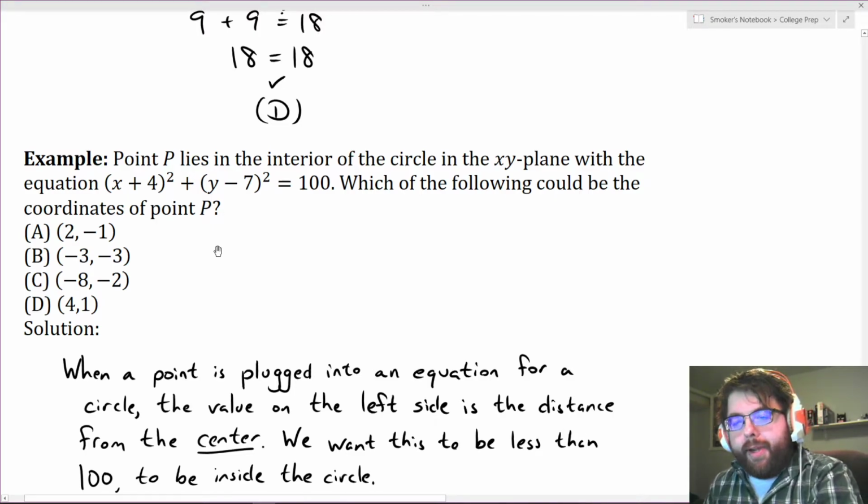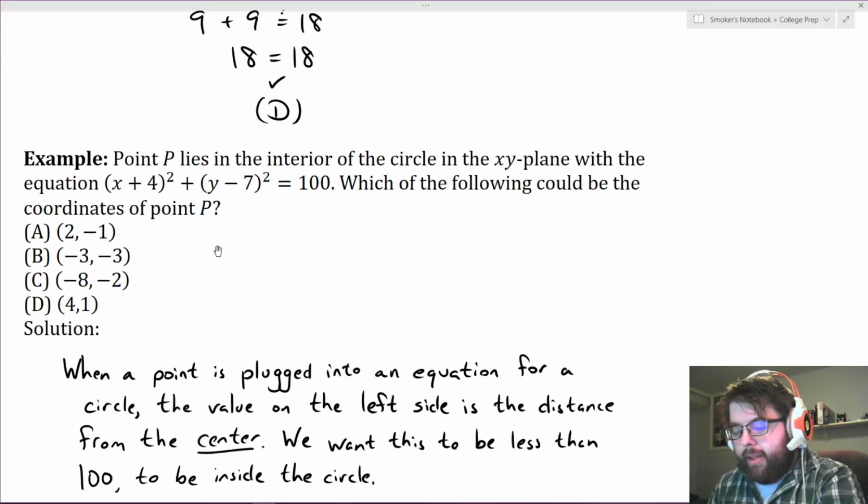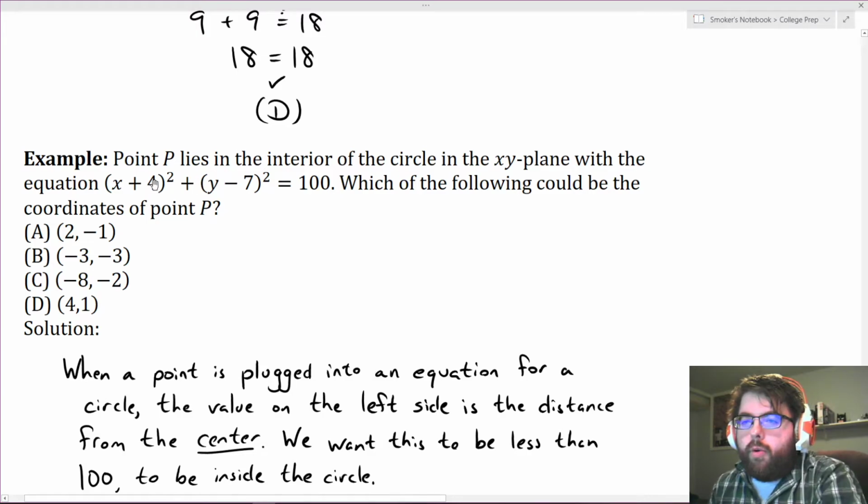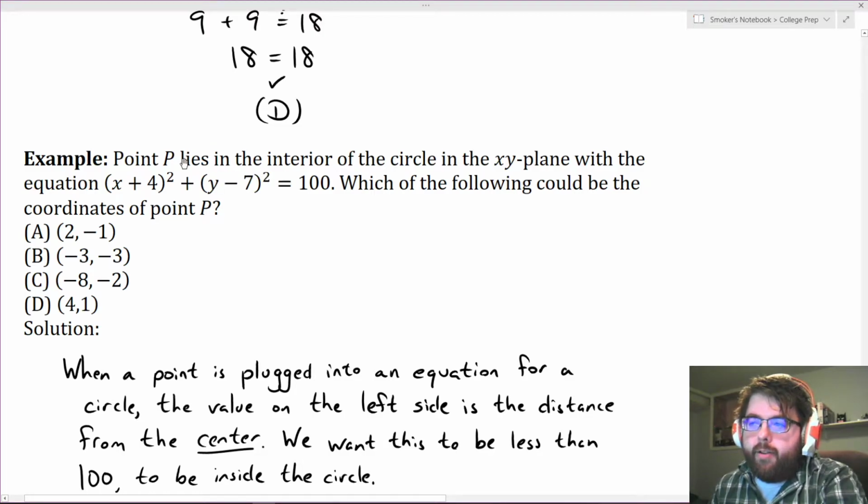If I'm plugging a point into the equation of a circle, and I get 100, that means that point is on the circle. If I get a value less than 100 out of plugging a point in here, that means it's inside the circle. And if I plug a point in for x and y and evaluate and get a number greater than 100, that means it's outside the circle.